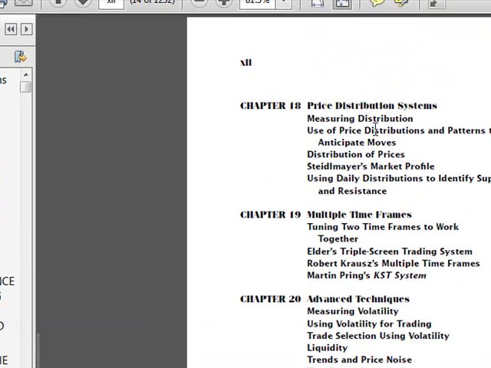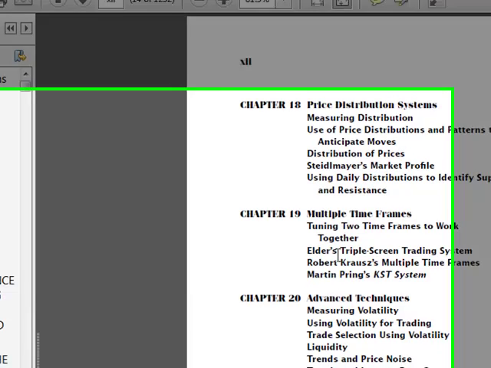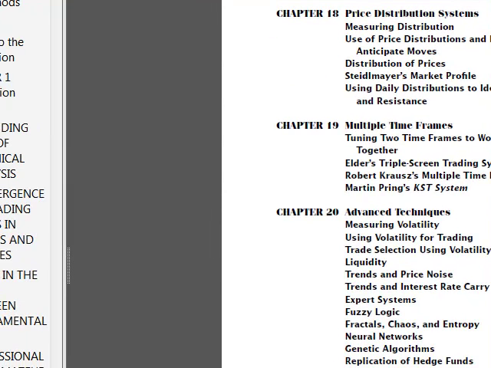Then we get into pricing distribution. Some of this is useful. Multiple time frames, all the different time frames, the impact of different timing frequencies, how to use them, and then how they can be useful for you. There's different trading systems mentioned here.